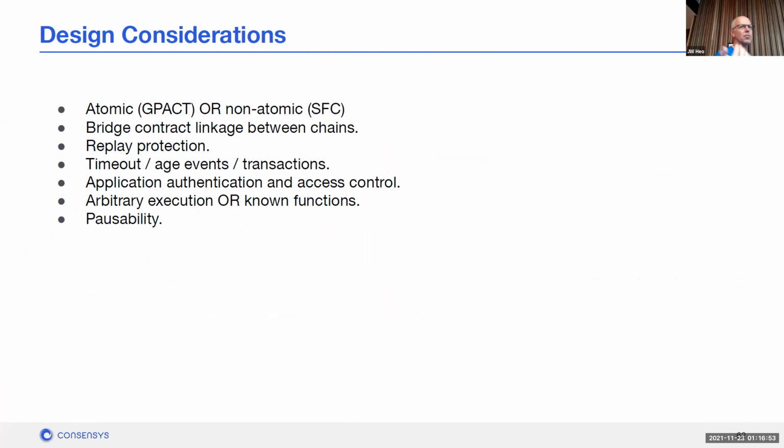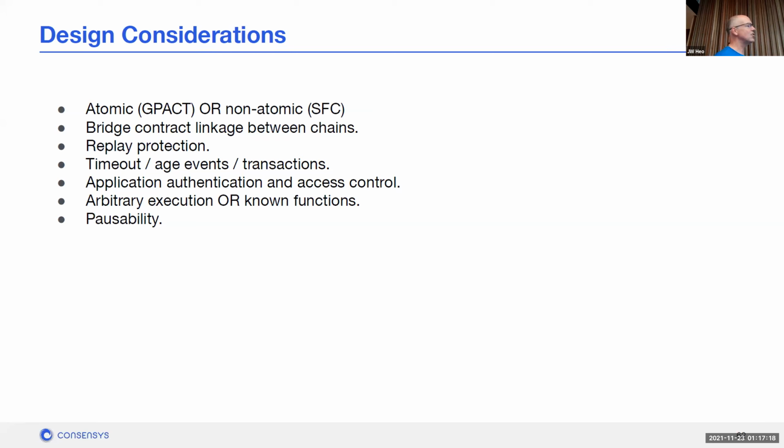Most of the systems that are deployed today are not atomic. What that means is the source happens, but the destination may or may not happen. Atomic means that they'll either all go through or all of the changes will be reverted. And that makes your life much simpler, because then you know that you're not going to have partial updates. You're going to have consistency across the system.